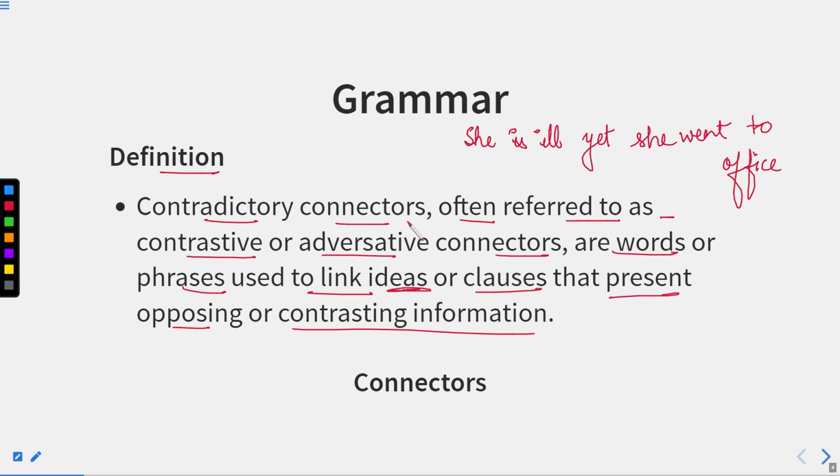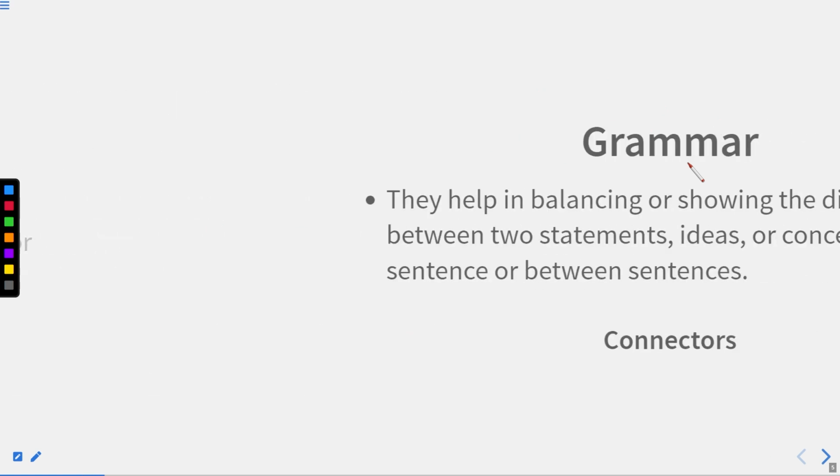It means this statement, she went to office, is just the contrast of the previous statement, or it is totally irrelevant to that point. Therefore, this yet is a contradictory connector over here. So we can have various contradictory connectors that we are going to discuss in this session. What are these? Let's discuss.